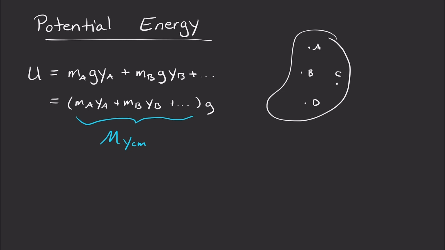So that means we can replace this and write the total gravitational potential energy for the entire rigid body is just the total mass times gravity times the height of the center of mass. Okay, so the center of mass and the total mass determines the total potential energy, and we get an expression that looks very similar to the one that we already know.